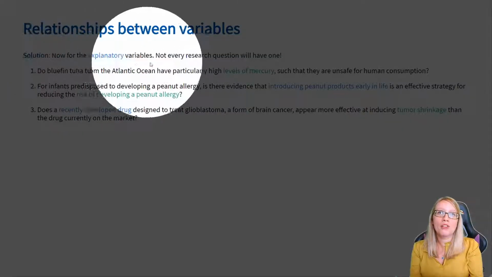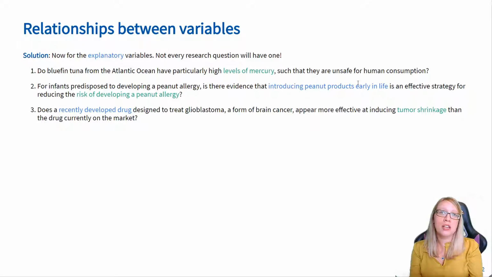Whether or not we've introduced those peanut proteins early in life, that is our explanatory variable. That's what's telling us about whether or not they've developed this allergy. And finally, for scenario 3, does whether or not they've received this new drug explain the tumor shrinkage? So the drug is our explanatory variable.